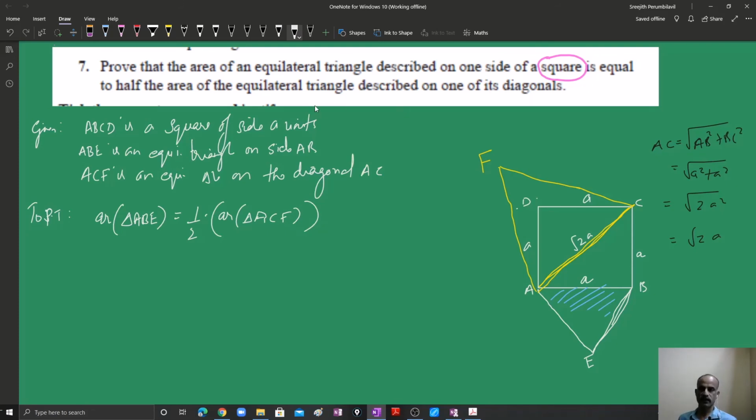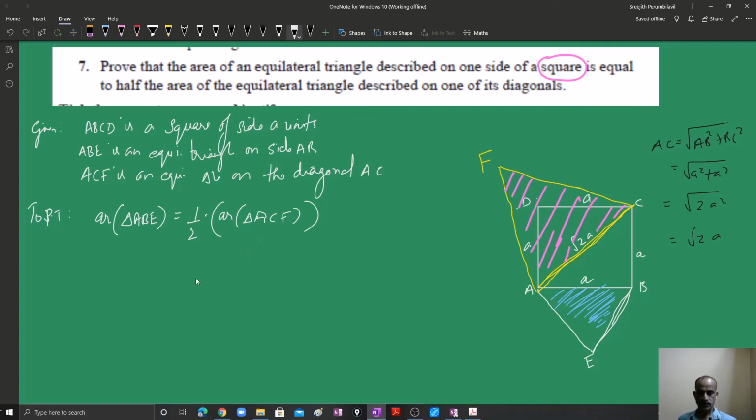The area of an equilateral triangle described on one side of the square is equal to half the area of the equilateral triangle described on the diagonal. So this blue area is equal to half of this area. This is what is to be proved.